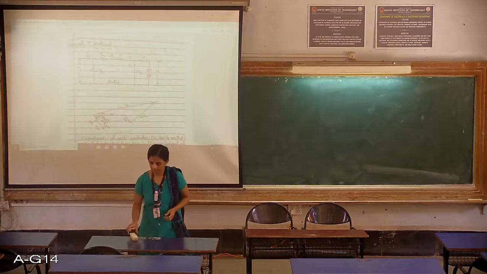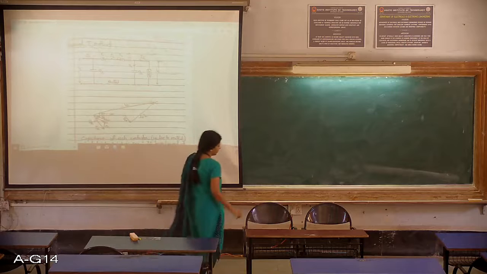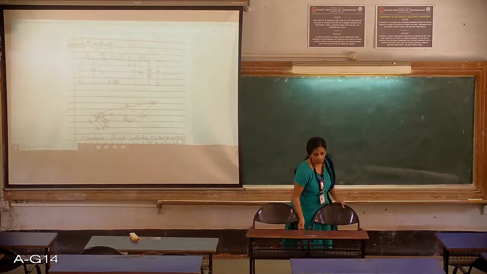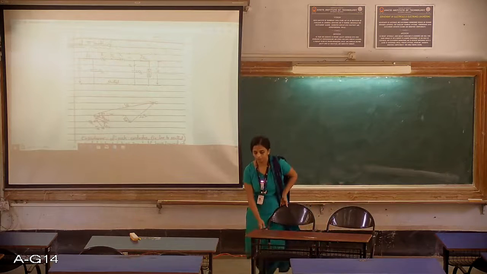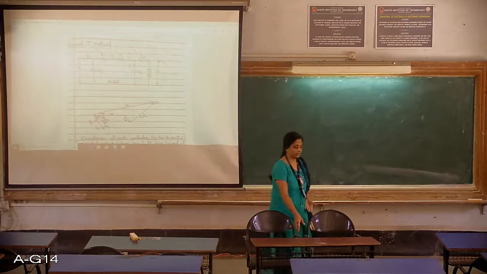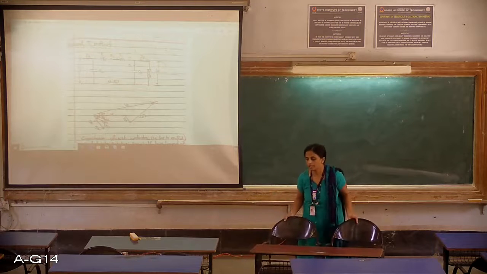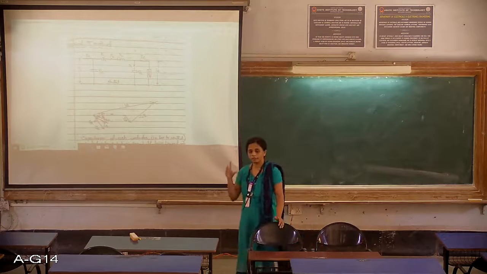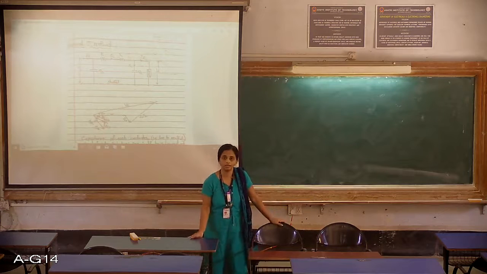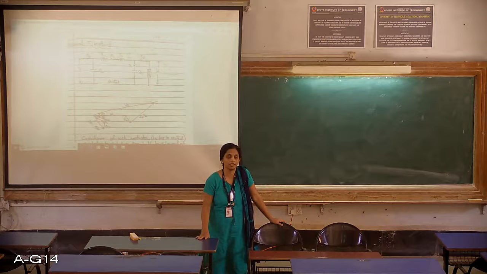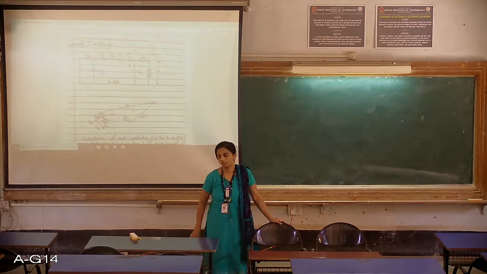In yesterday's class we covered medium transmission line performance. First we saw the end condenser method, wherein all the capacitance was assumed to be lumped at the back end of the transmission line, and we solved one problem on that.